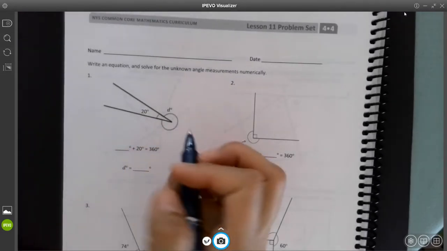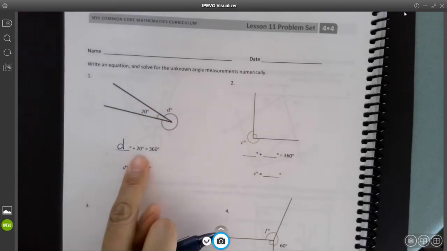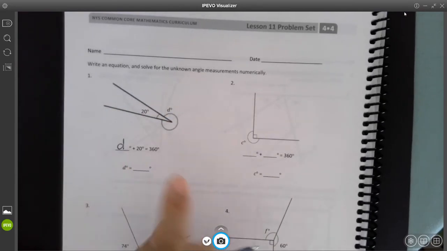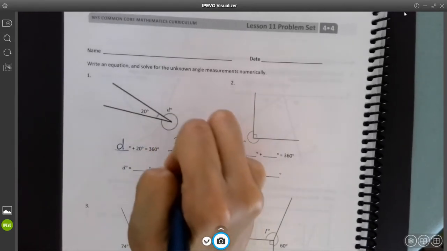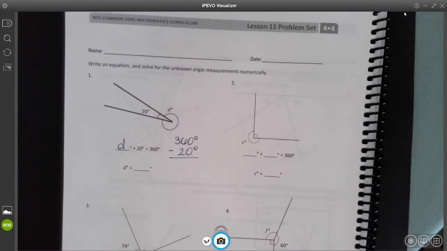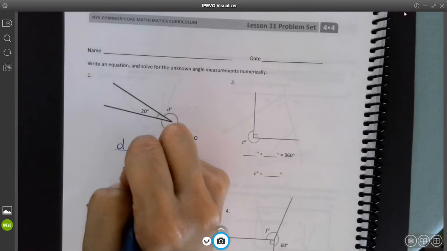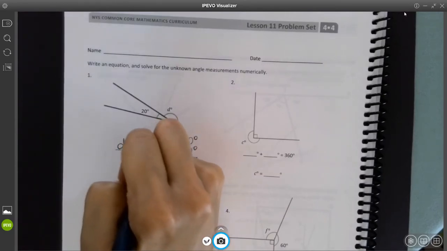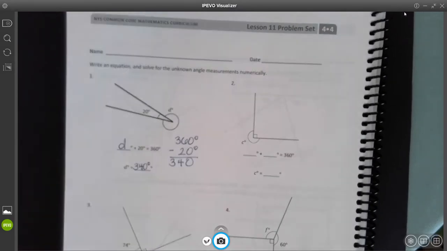So we know that angle D plus 20 equals 360 degrees. And then we can use our subtraction to find the rest of the pie that was left. So the rest of the pie that was left was 340 degrees. Oops, we already had a degree sign for me.